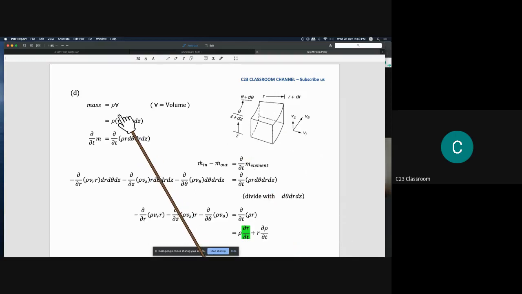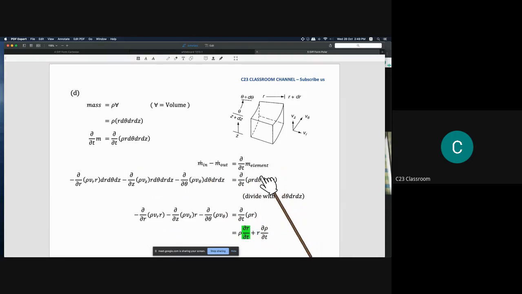That's why we only take the simplified version of volume here with r d theta dr dz. And then we substitute the value here. So we could say that dm over dt is d dt of rho r d theta dr dz. And this is the common equation for the continuity equation.